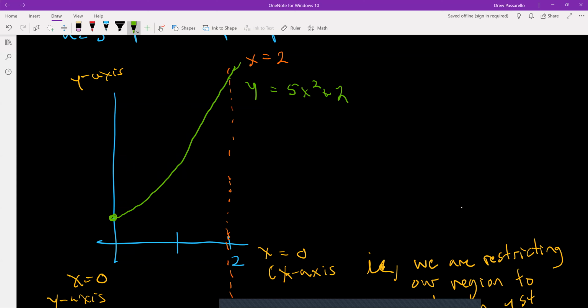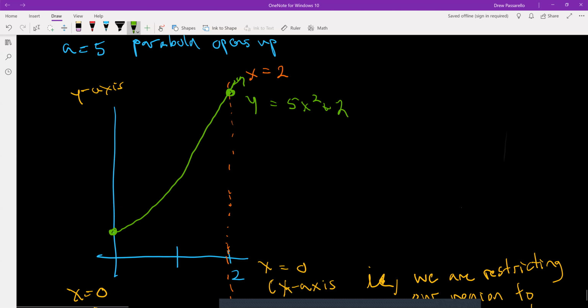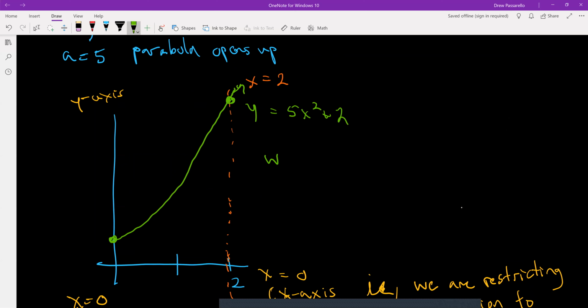And so it keeps going forever, and we probably want to know, where does it hit the orange line? So that's saying, where does y equals 5x squared plus 2 intersect that vertical orange line, x equals 2?